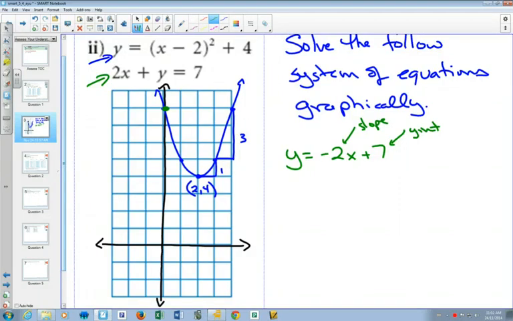Start with my y-intercept. And then go down 2 over 1, down 2 over 1, down 2 over 1, and I can graph my line.